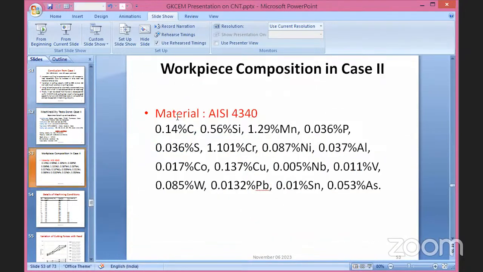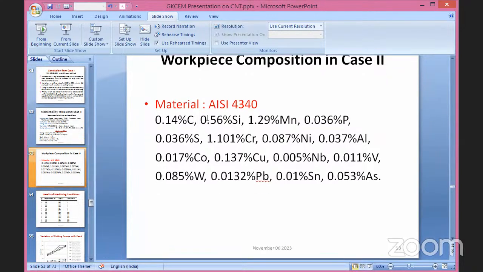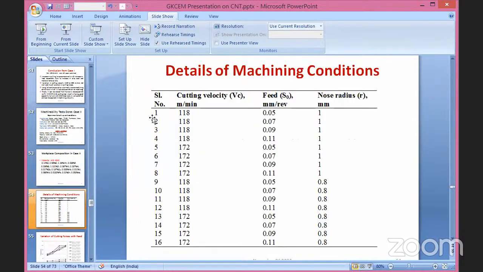Now, these are the basic workpiece composition of AISI 4340. Carbon is not much, it is on the lower side. Manganese is 1.29%. Then chromium is 1.1%. That is important, and vanadium and niobium are also there in small percentages. So these are responsible for its somewhat higher hardness. Okay.